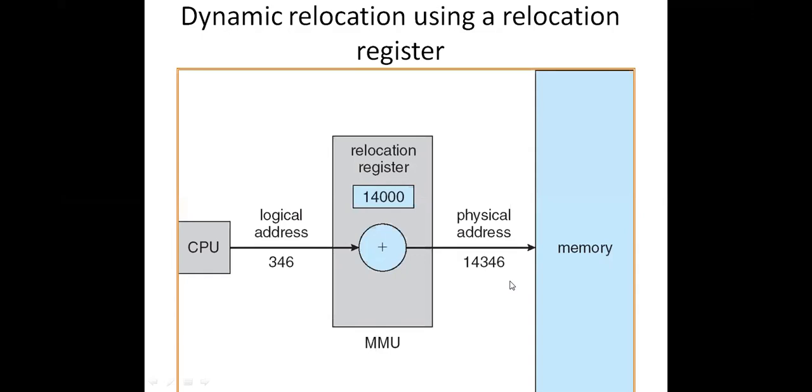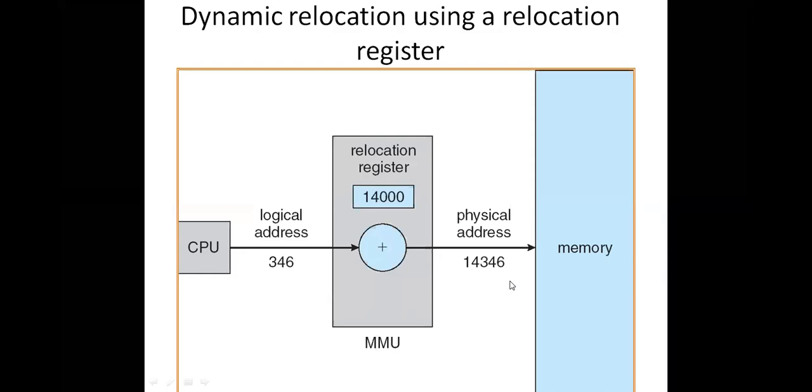The user always thinks that the user process will start from 0, for example. So the user requires locations 0 to 500. Whenever the CPU generates 50, what happens? The program is available at location 1000. The CPU-generated address is 50, and the CPU wants to execute the information at the 50th location.